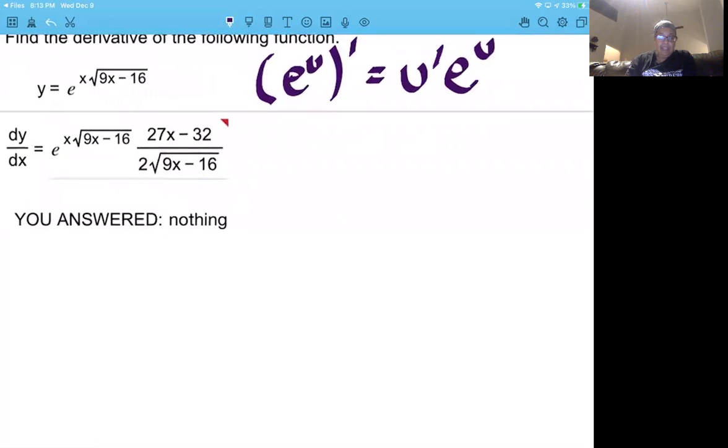So my exponent is x times the square root of 9x minus 16. So I need to take the derivative of that exponent, and notice that that is a product, so I'm going to have to use the product rule.